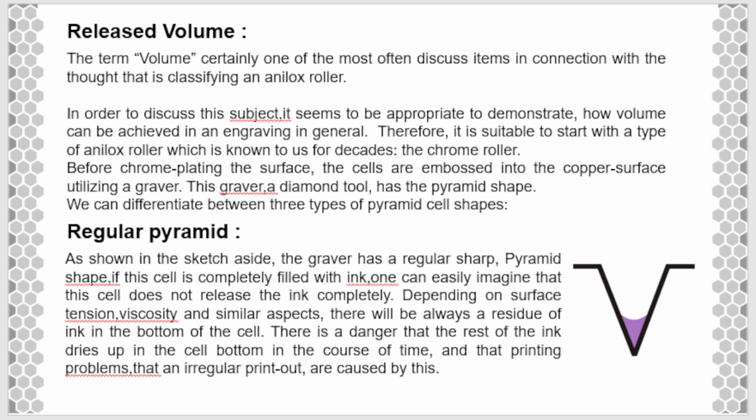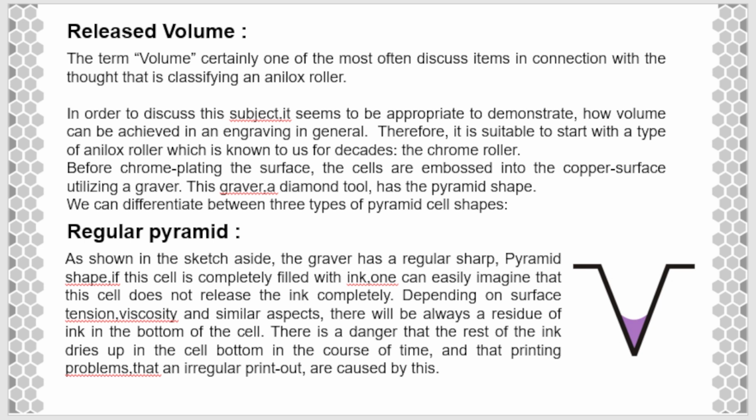First, the regular pyramid. As shown in the sketch aside, the graver has a regular sharp pyramid shape, and if this cell is completely filled with ink, one can easily imagine that this cell does not release the ink completely, depending on surface tension, viscosity, and similar aspects.